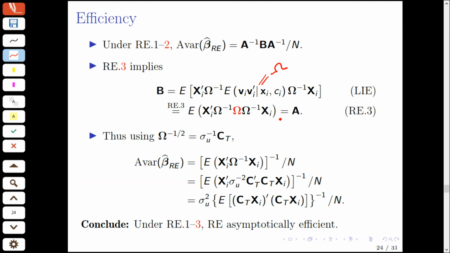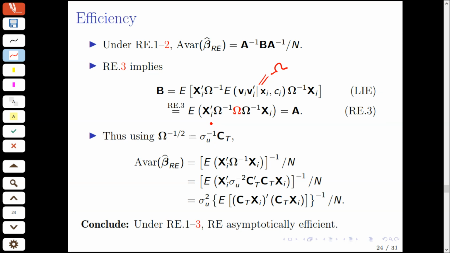Now, if we further use that the square root of the inverse of omega can be written as Ct up to a proportionality factor given by one over the standard deviation of the idiosyncratic error, we get the following expression.